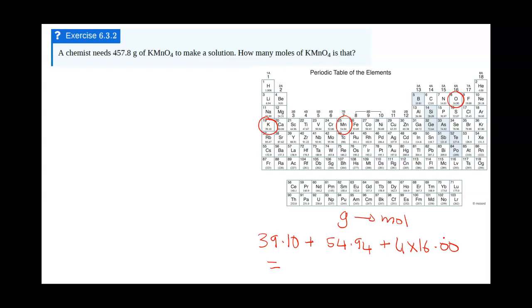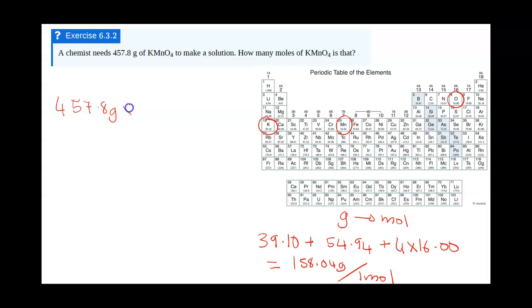Adding all of that up tells me that there are 158.04 grams of potassium permanganate, KMnO4, in every 1 mole. I should point out, potassium permanganate is sometimes referred to as Condy's crystals and is often used for cleaning wounds. Okay, now let's do our conversion.